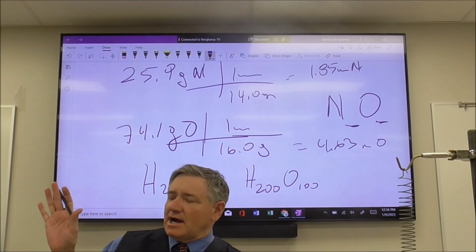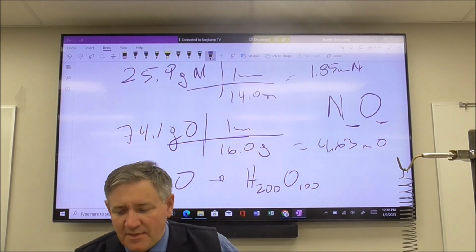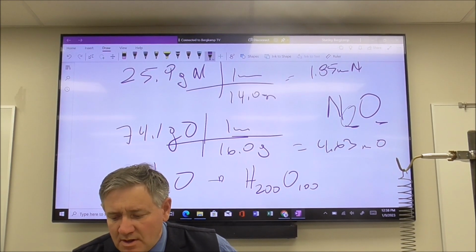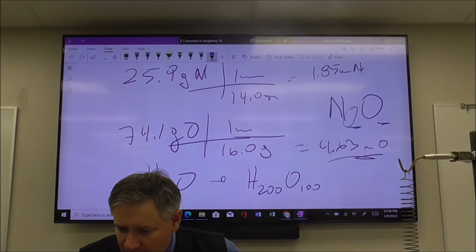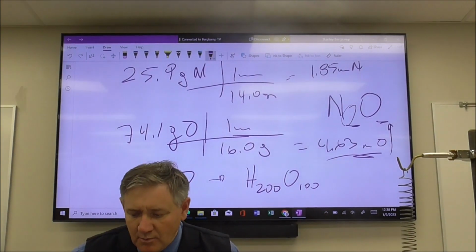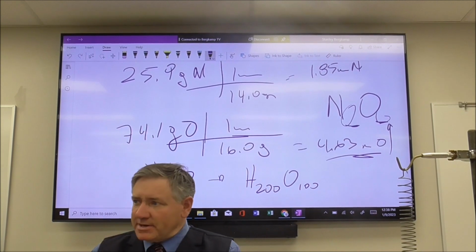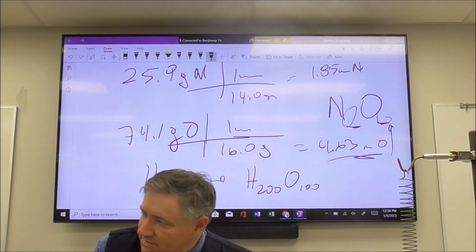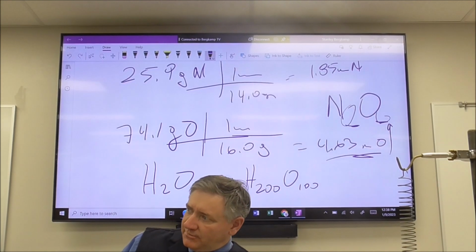Now, at this point, I can figure out something very, very important. Because I have a bigger number of oxygen moles than I do nitrogen, I know that whatever subscript goes with the oxygen has to be bigger than the one that goes with the nitrogen.